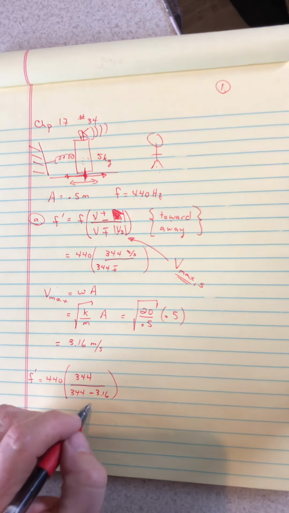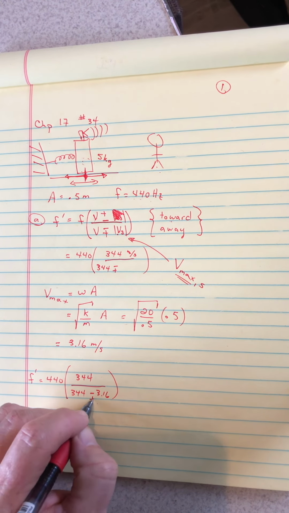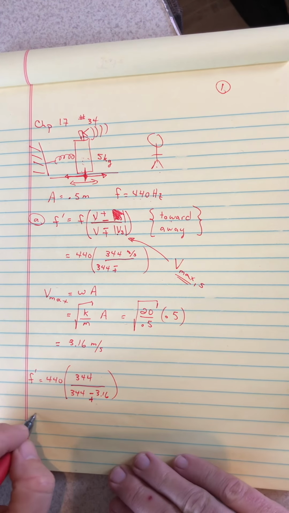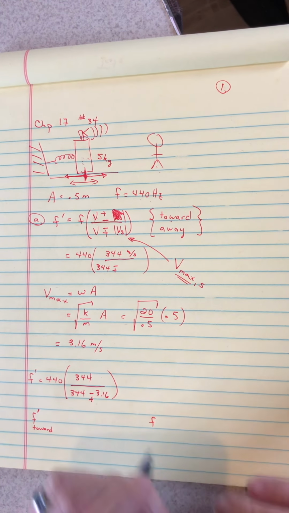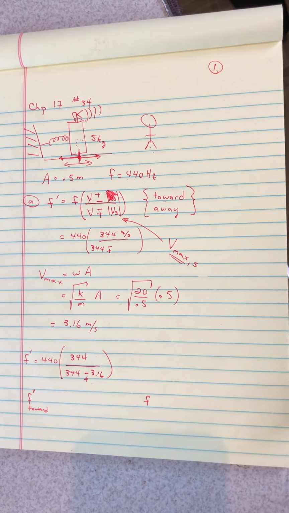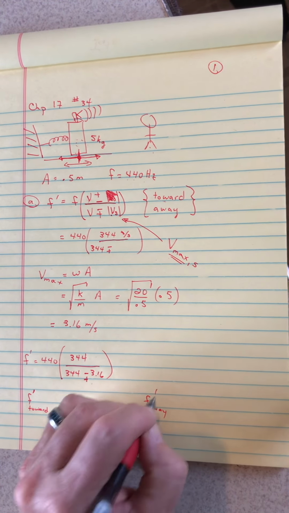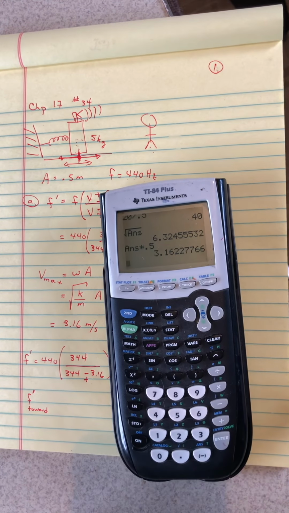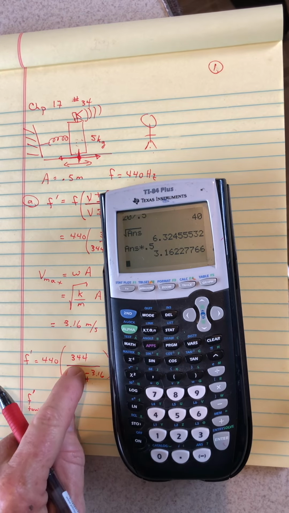And right next to it, or below it, I'll say when it's moving away, it would be a plus. And so I'll have an F prime when it's moving toward the observer, and an F prime when it is moving away.